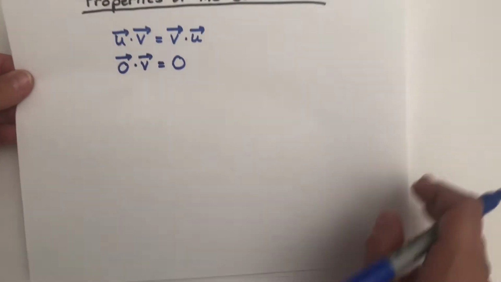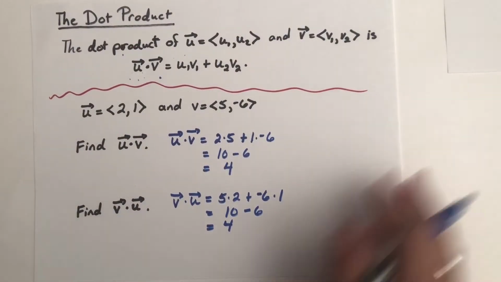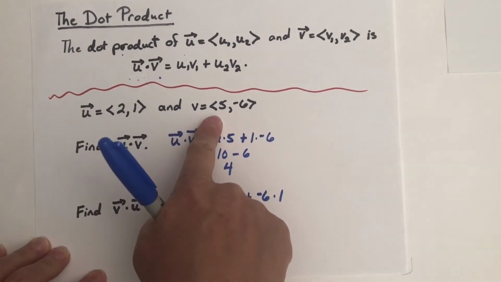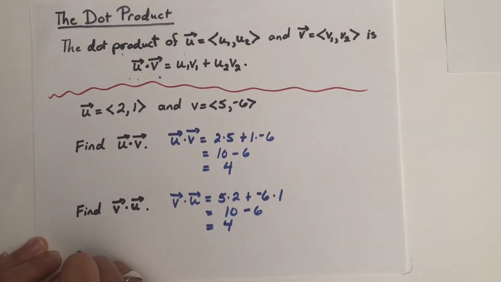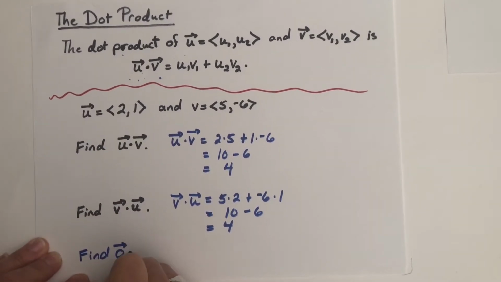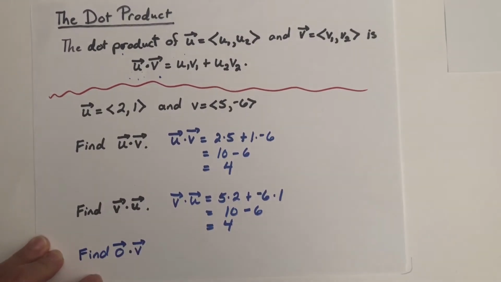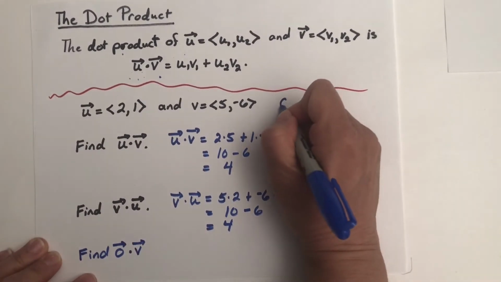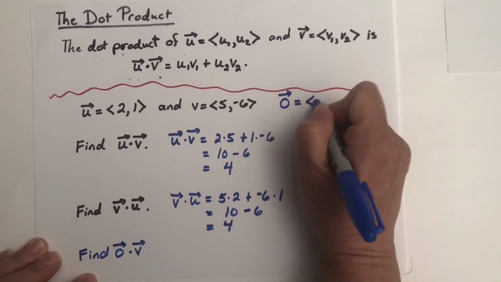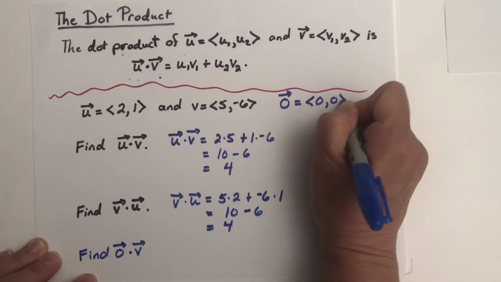And let me show you why that's the case. If we took a vector v, we'll make it be this one. We're going to find the 0 vector dot v, and maybe you're not sure of what the 0 vector is. Let me write it right here. The 0 vector is 0, 0, right?